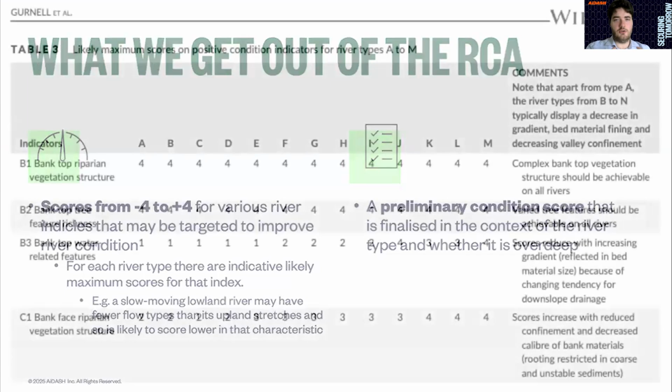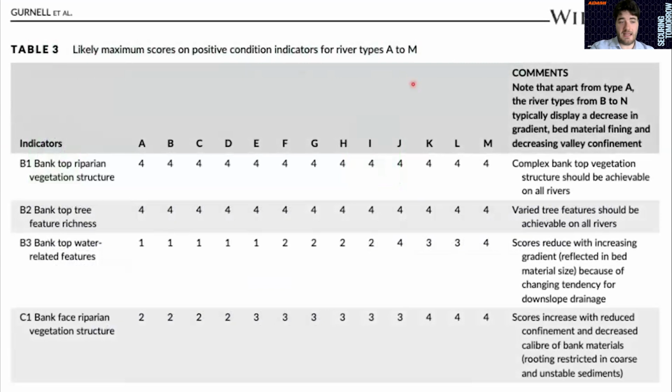So if you go to Gurnell et al.'s paper, which is published open source, so you can read it, they will provide for these different river types, so these are the river types A to M, the likely score for these different sections.